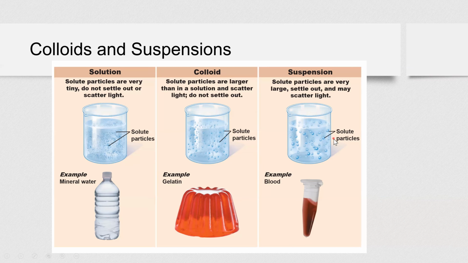So that's going to be our mixture. We can divide mixture into solution, colloid, and suspension. So we mix different atoms or molecules or compounds together, and we have this mixture. Now, obviously, your blood is a mixture of something.